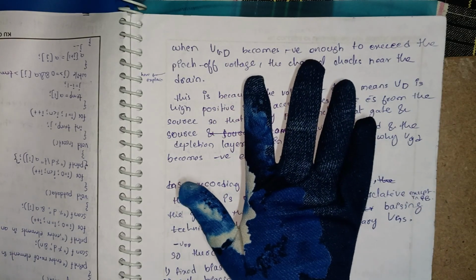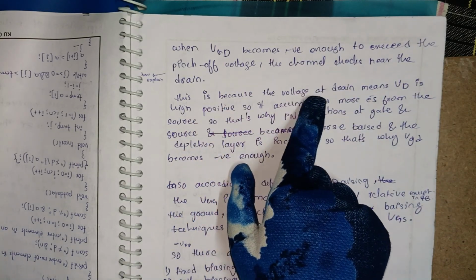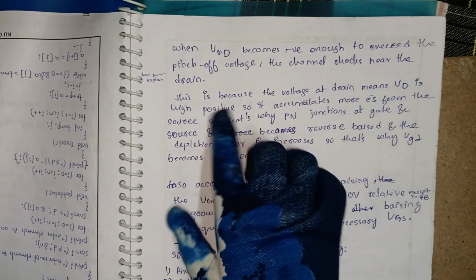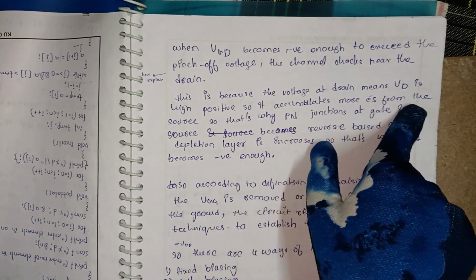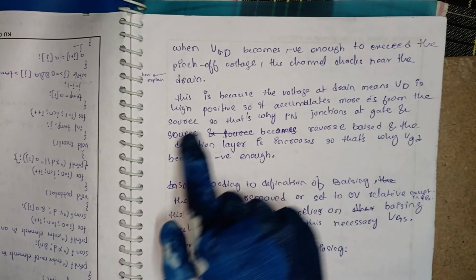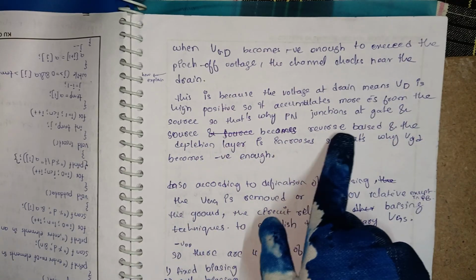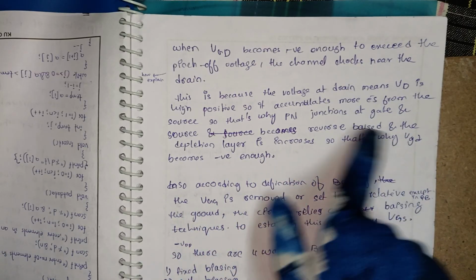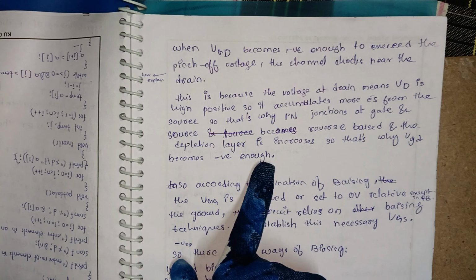This is because the voltage at the drain, VD, is high positive, so it accumulates more electrons from the source. So that's why the PN junctions at gate and drain become reverse biased and the depletion layer increases. So that's why VGD becomes negative enough.